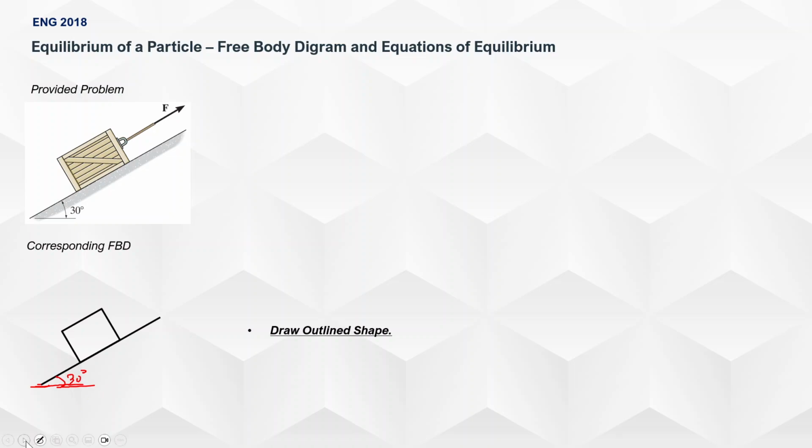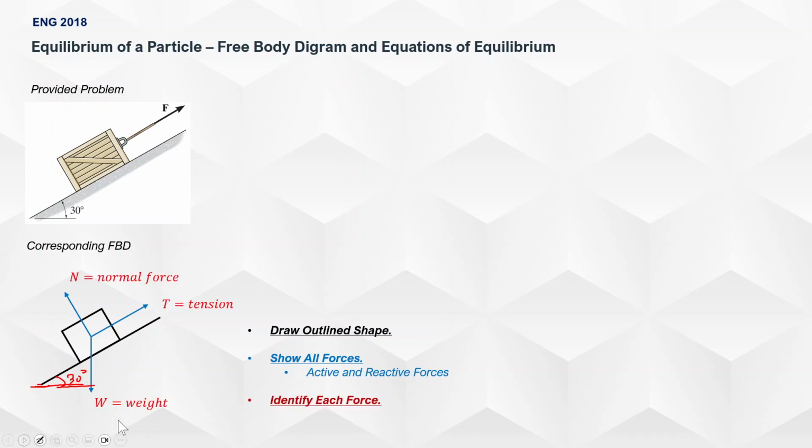And then from here, you show all the forces involved. What are the forces involved? You know that there's a weight of the block, so you show the active and reactive forces here. So you show the weight, the tension being pulled, the tension in the cable, okay, and of course, since the block is sitting on a smooth surface, there's a normal force acting on it.